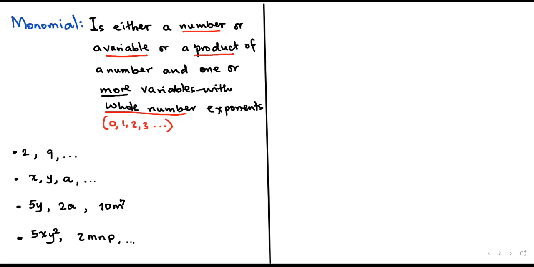All right. Now, let's look at what we call a polynomial. Now, a polynomial, it is just a combination of two words. Poly means many, then nomial means term. So polynomial is the same as many terms.